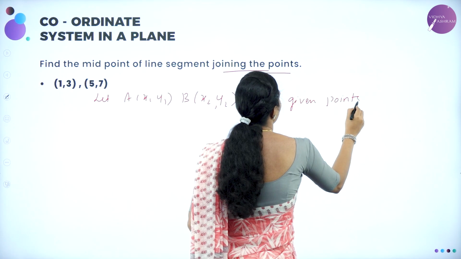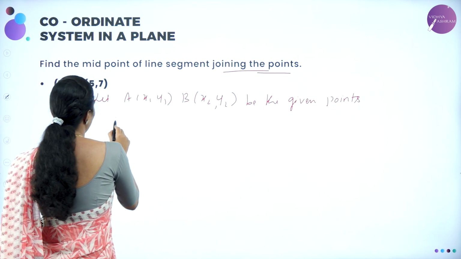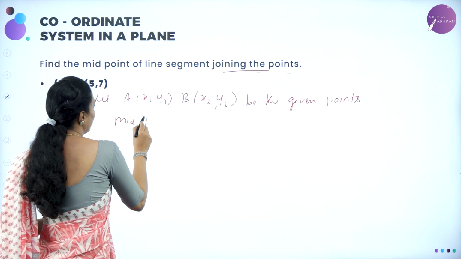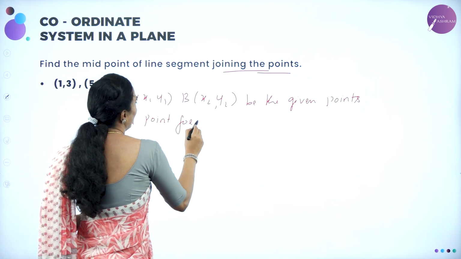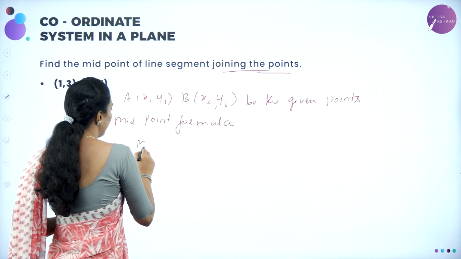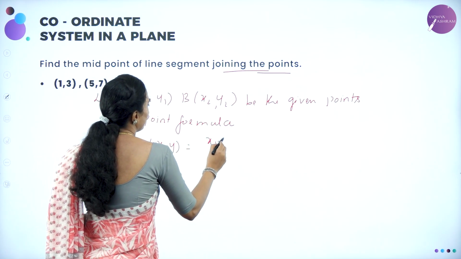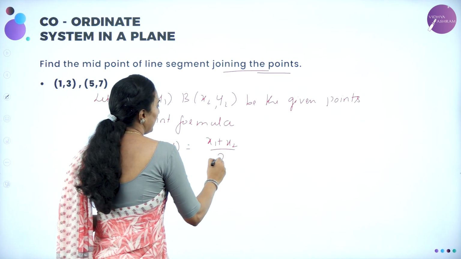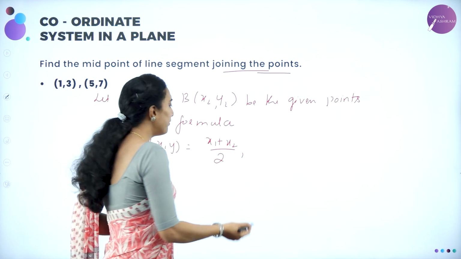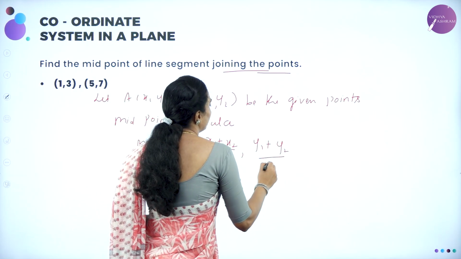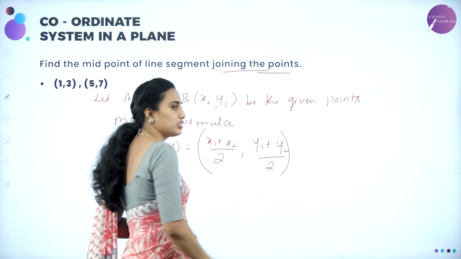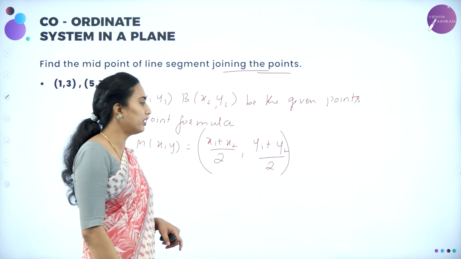Therefore, midpoint formula is given by M of x comma y is equal to x1 plus x2 divided by 2 comma y1 plus y2 divided by 2, half of the sum of y coordinates, isn't it?